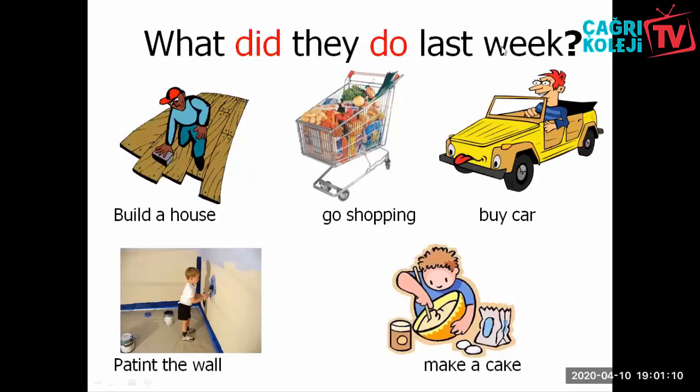What did they do last week? Build a house, go shopping, buy a car, paint the wall, make a cake. All you need to do is change these verbs into the second form of the verb. So let's see what they did.